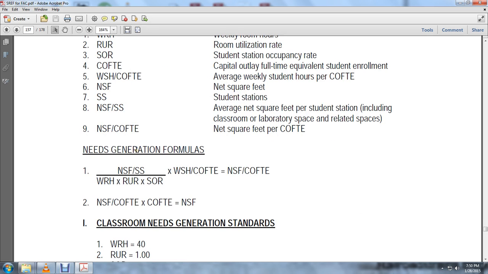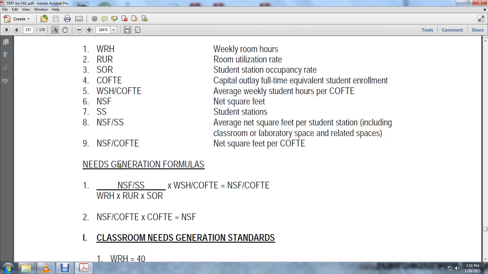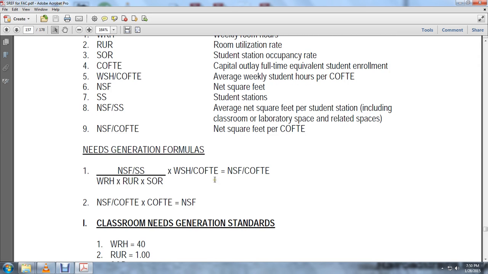The space generation formulas: the NSF is the weekly room hours divided by the room utilization rate by the student occupancy rate, divided by the average weekly student hours per capital outlay full-time equivalent student enrollment, equal to the NSF per COFTE, the net square feet per capital outlay full-time equivalent student enrollment.